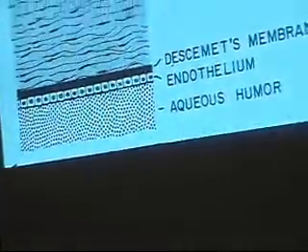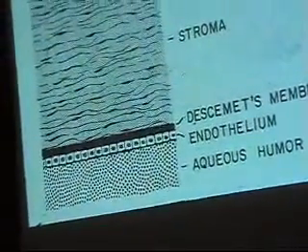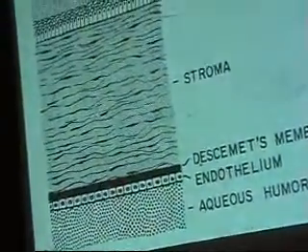We have the corneal epithelium, which is roughly about 50 microns, and this is covered by the tears. Then we have this large stroma here, which is transparent. Then we have, of course, the corneal endothelium, which is the topic for this morning. And then we have the aqueous humor.